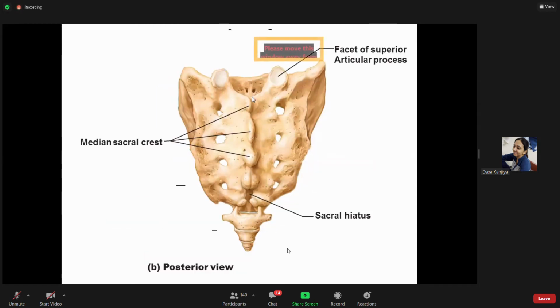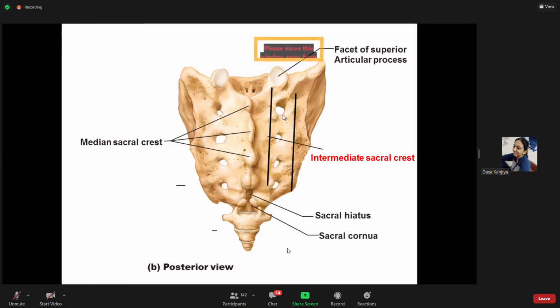Again, here you can see the median sacral crest, the sacral hiatus, and the two sacral cornua. Lateral to the median crest, there is another crest, and that is the intermediate sacral crest. Lateral to the intermediate sacral crest, there are the two columns of the dorsal sacral foramina.